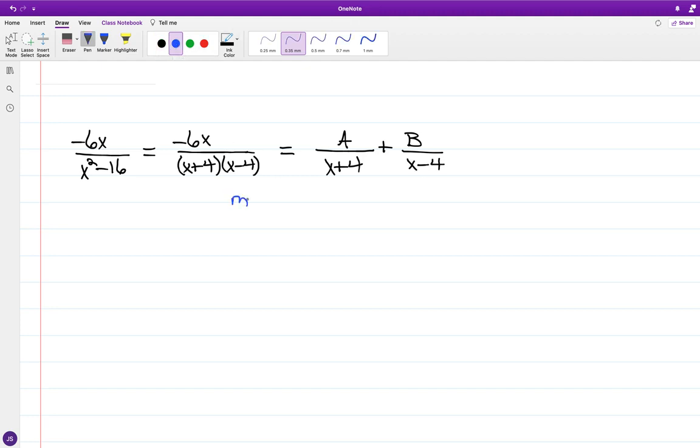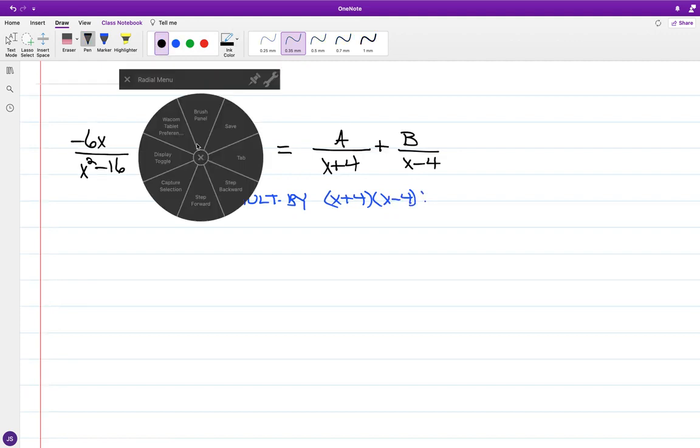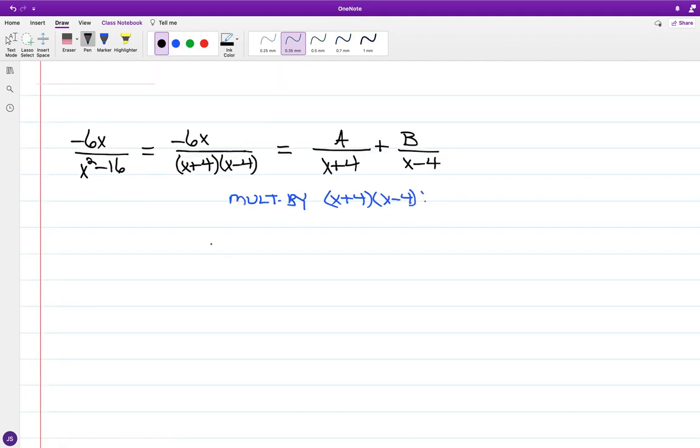If I multiply the equation by both x plus 4 and x minus 4, the left-hand side becomes negative 6x.